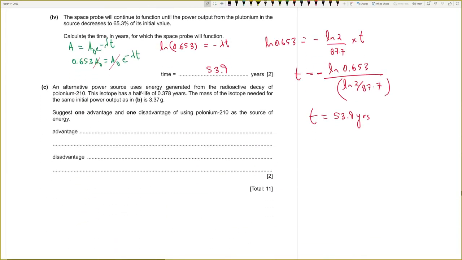So this is much more efficient, right? So the advantage is less mass needed, so less energy needed to get the probe into space.